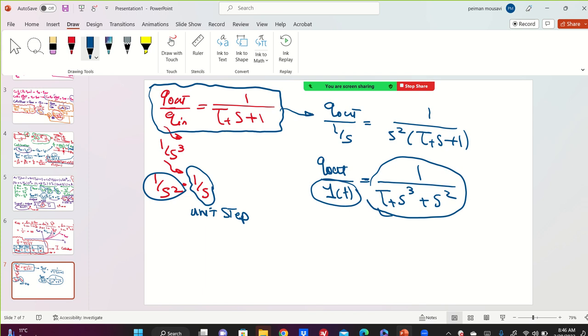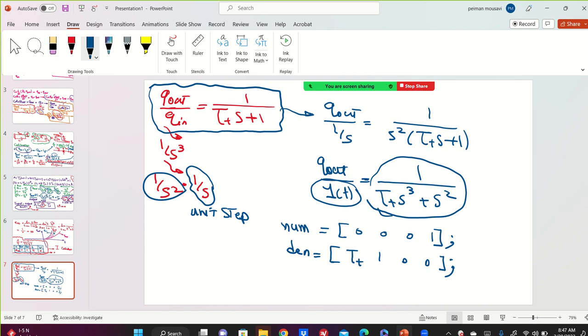Hello everybody? So being said, you get num equals 0, 0, 0, 1, because this is the third order system. And then den is going to be tau T, 1, 0, and 0.